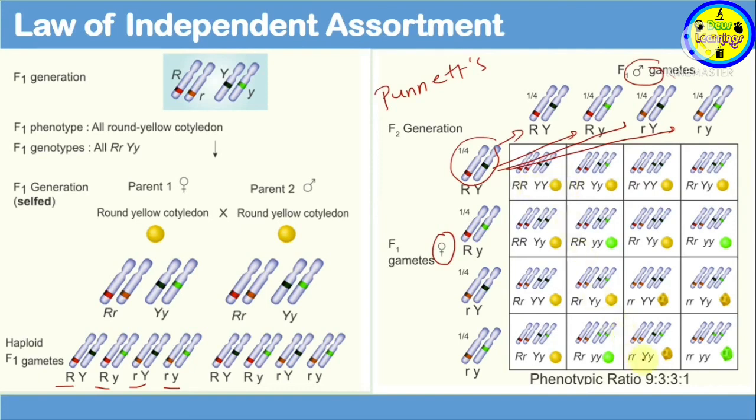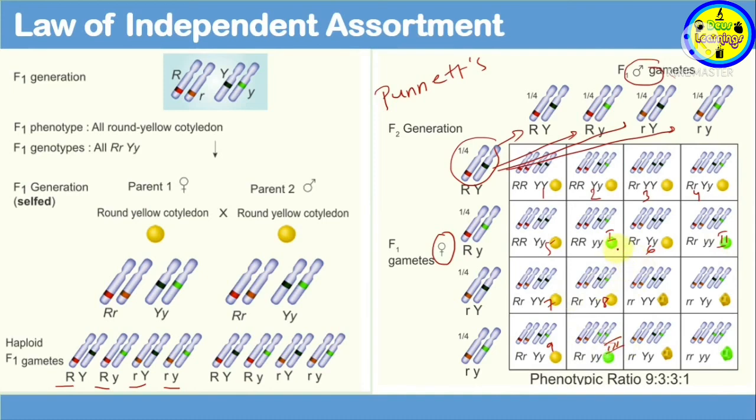Round and yellow, you can see, is 9. Then 3 round and green. First let's see round and yellow: 1, 2, 3, 4, 5, 6, 7, 8, and 9. So round and yellow is 9. Then round and green: 1, 2, and 3.